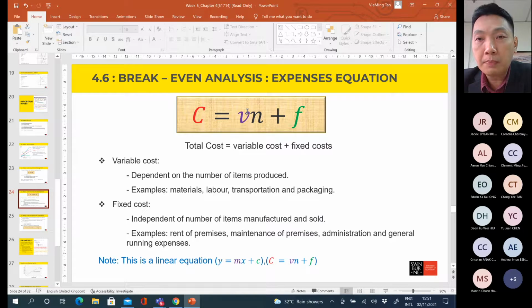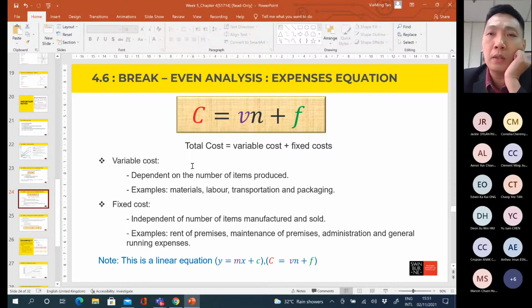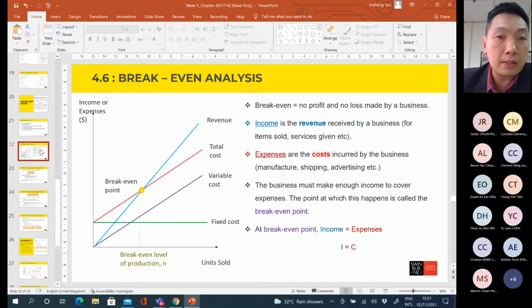So how does the total variable cost line look like? It's like this here. The total variable cost is equal to 0 when there is no unit of production.